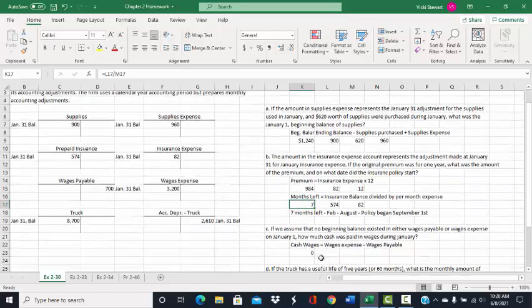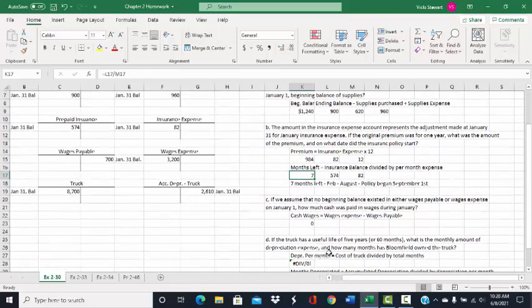The C portion of the problem states, if we assume that there was no beginning balance in either wages payable or wages expense on January 1st, how much cash was paid in wages during January? So we have $3,200 in wages expense at the end of January, but we have $700 in wages payable that we haven't paid yet.